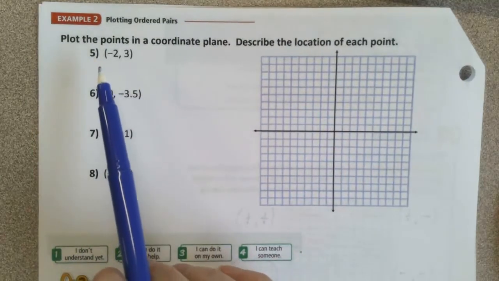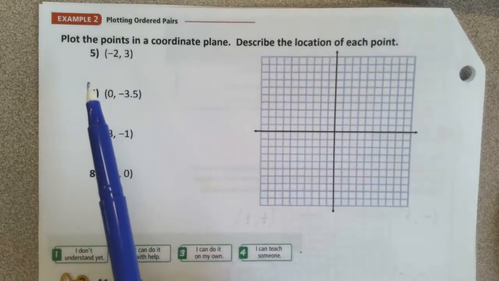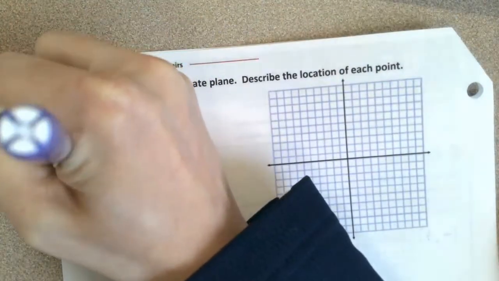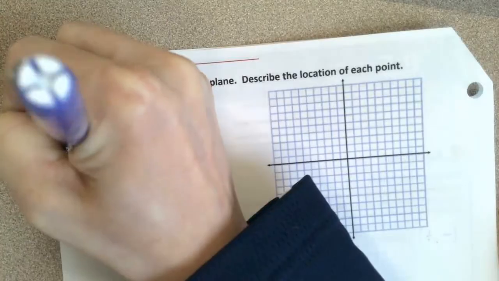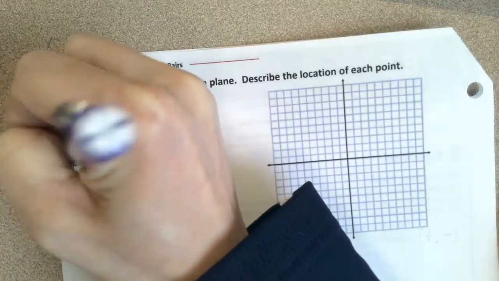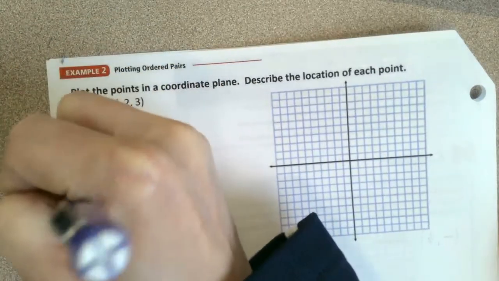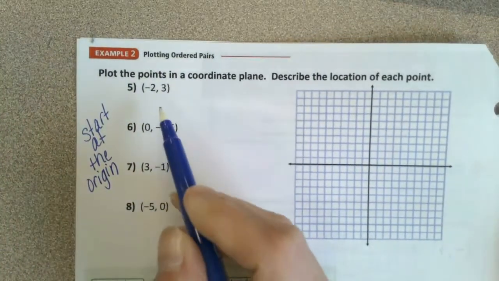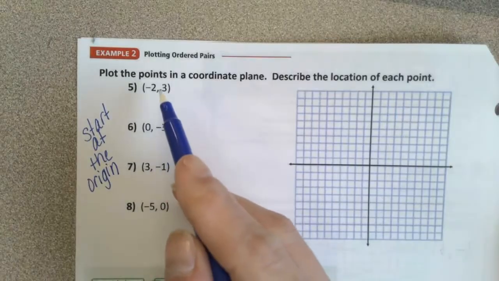So we have negative 2, 3 for our first one. So we're going to just describe how we get there. So we always start at the origin. So I'm going to make that note out to the side. Start at the origin. So that's every time we start at 0, 0, start at the origin. And here, we're going to just describe how we get to this point.